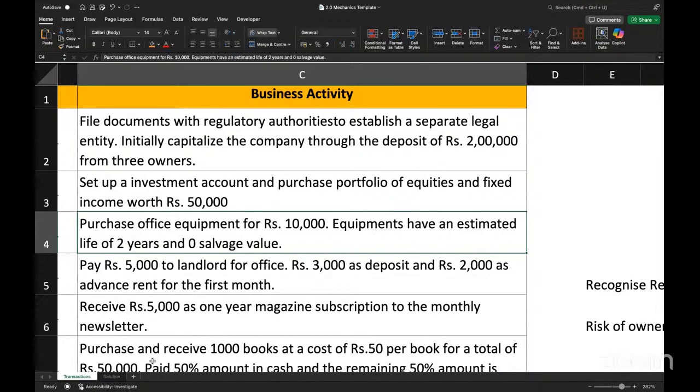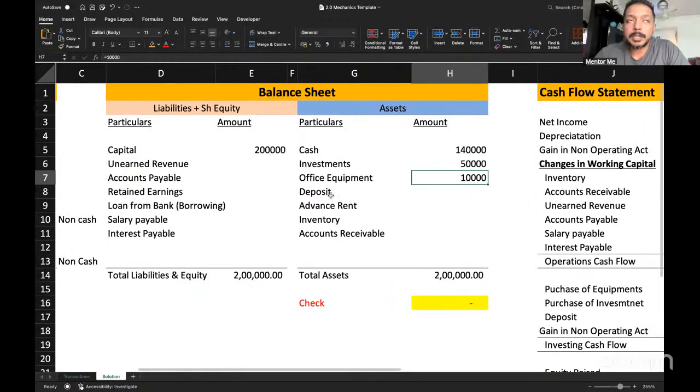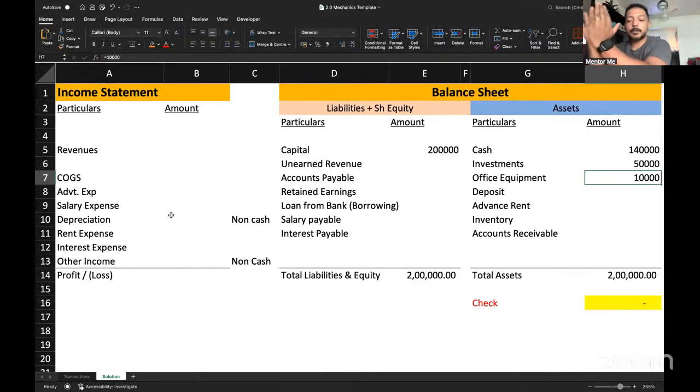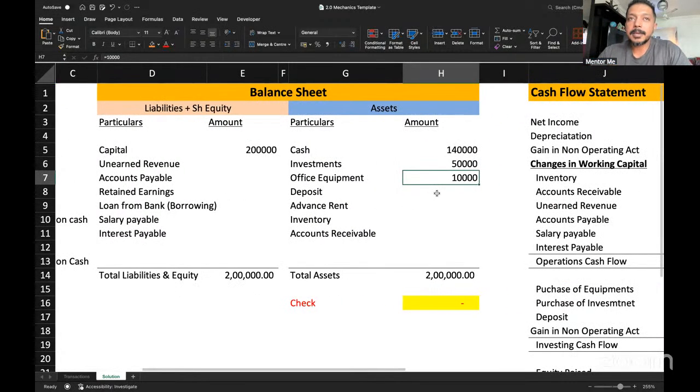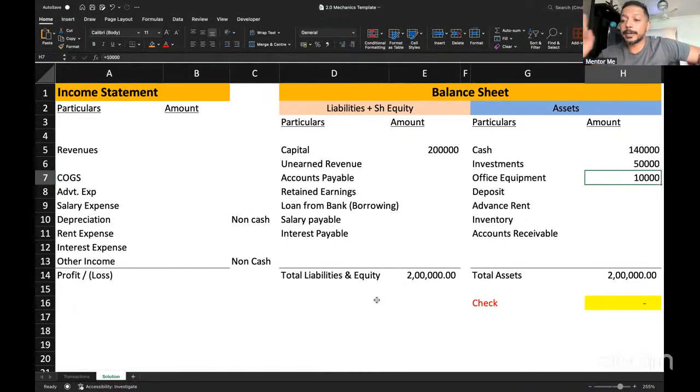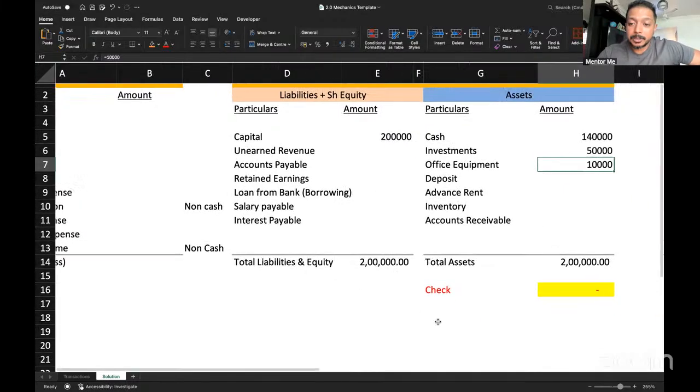So now the useful life is only 2 years. Remember what I spoke about initially, what is the income statement doing? This equipment I purchased, am I saying that I'm going to use it only for 1 year? No, right? I'm going to use it for 2 years. So let's spread out the cost. The income statement still has to show expense of the asset, but it does not show it directly here.